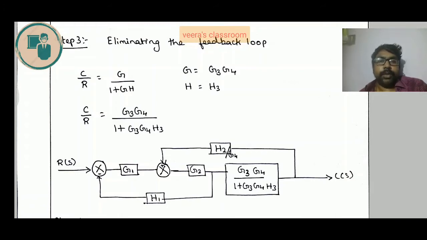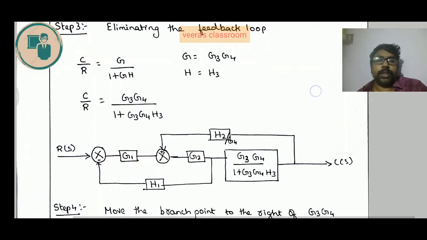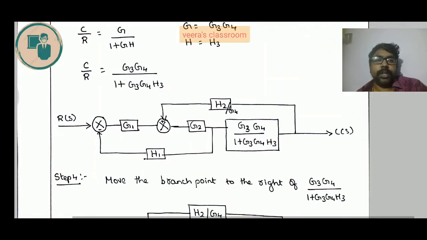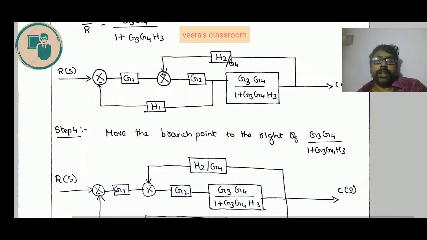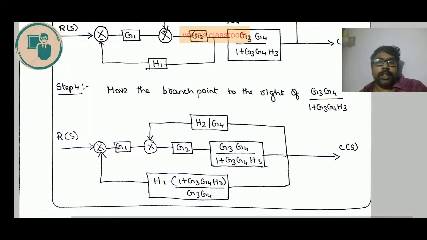What I am doing is moving the branch point between G2 and G3, G4 to the right of G3, G4 divided by 1 plus G3, G4, H3. When moving to the right, we multiply by the inverse. So we multiply the feedback element H1 by the inverse of the transfer function, that is 1 plus G3, G4, H3 divided by G3, G4.